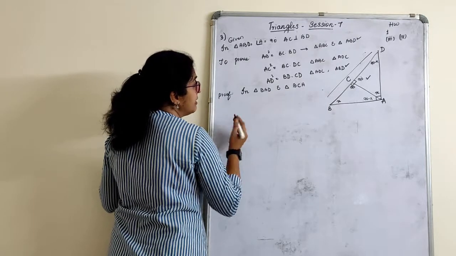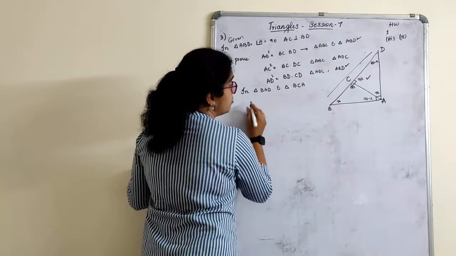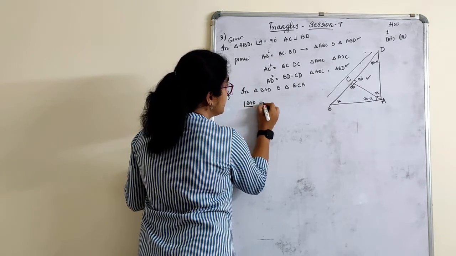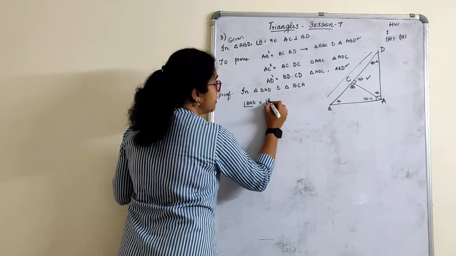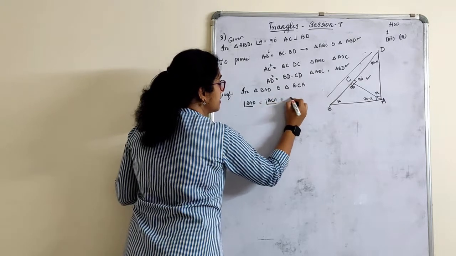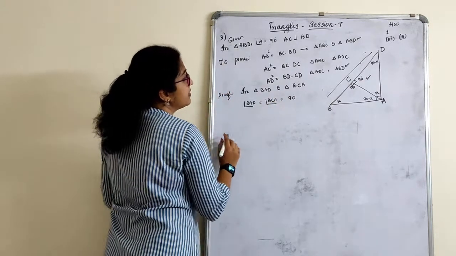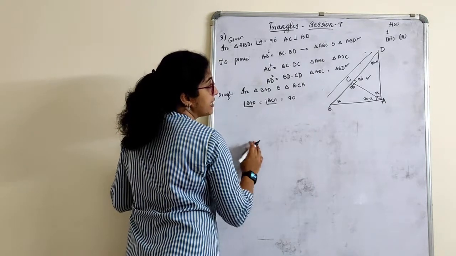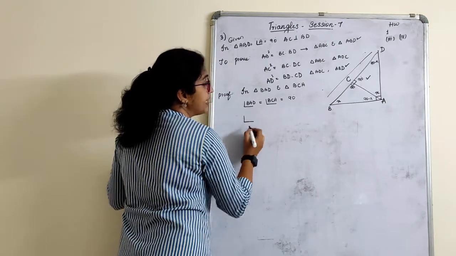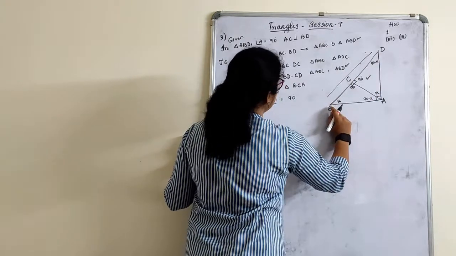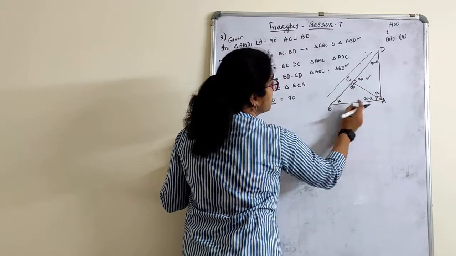So for this triangle, let us write what all we know. Angle BAD is equal to angle BCA, that is equal to 90 degree, that we know, right? One angle is already over. Second one, do we have anything which is common between BAD and BCA?